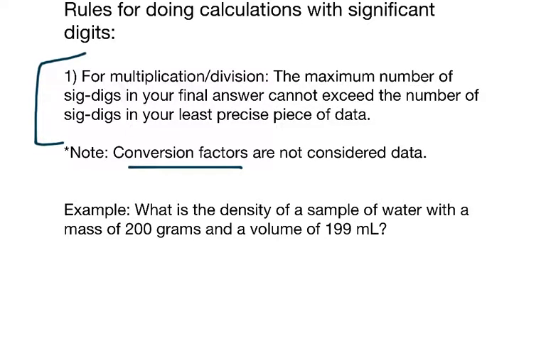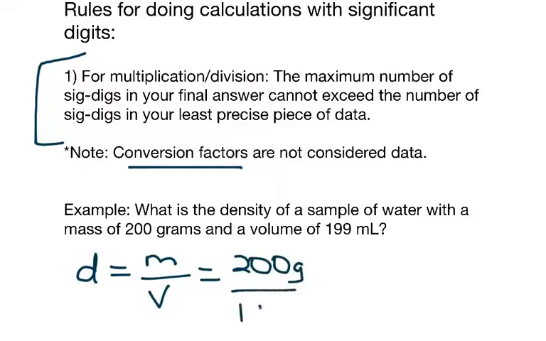So if you look at this example, what is the density of a sample of water with a mass of 200 grams and a volume of 199 milliliters? Well, you know that density is mass over volume. So 200 grams divided by 199 milliliters gives you 1.005 and so on in your calculator.